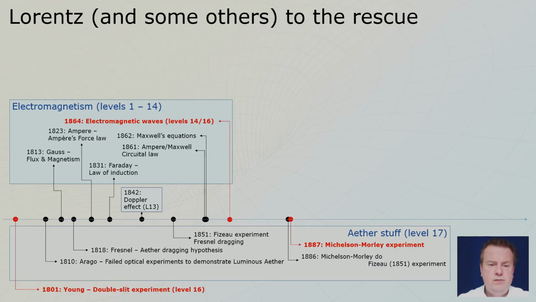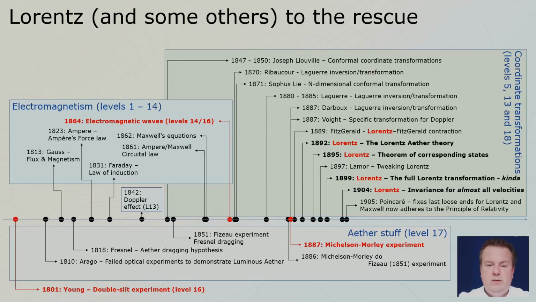And in level 17, we started looking for the ether, the medium of light. And in 1887, Michelson and Morley did an experiment trying to find this ether, and they failed. Well, they didn't fail, but there doesn't seem to be an ether. And then the mathematicians stepped in.